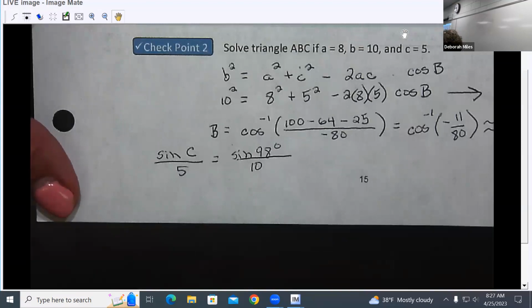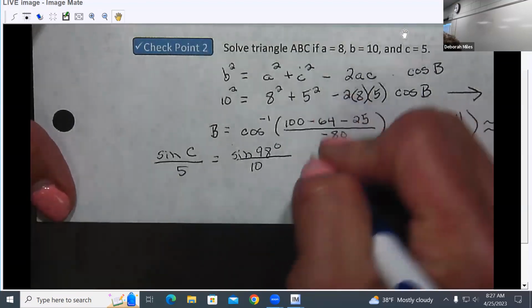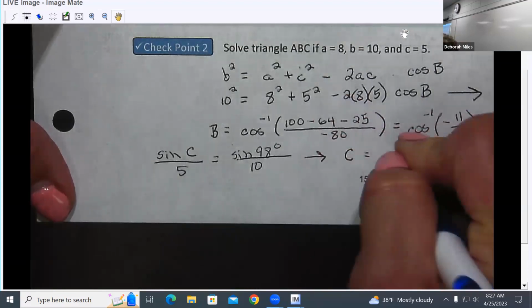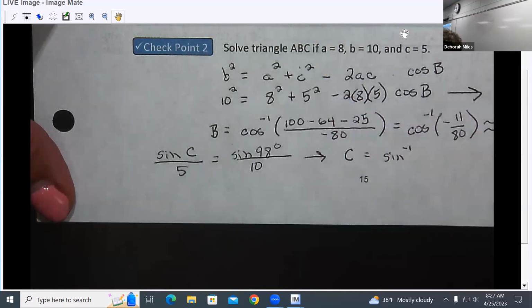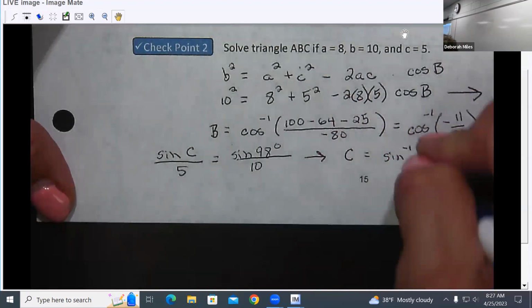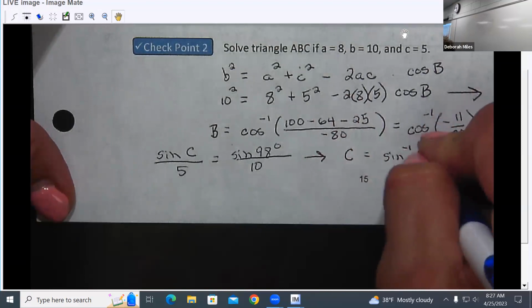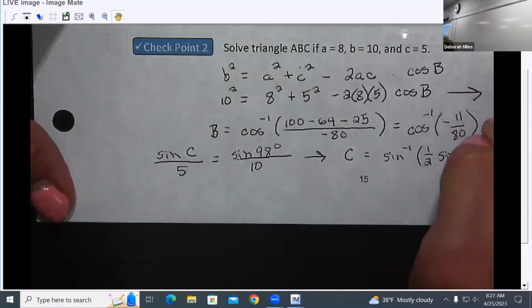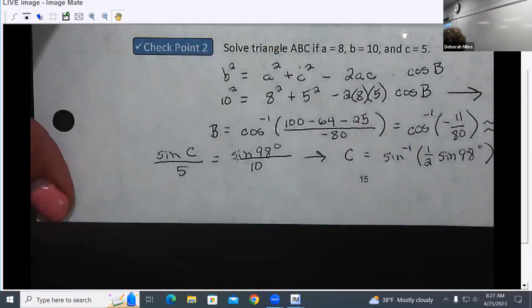Just multiply both sides by 5 and take inverse sine. C would be inverse sine of, I can reduce that 5/10 to a half, half sine 98 degrees.